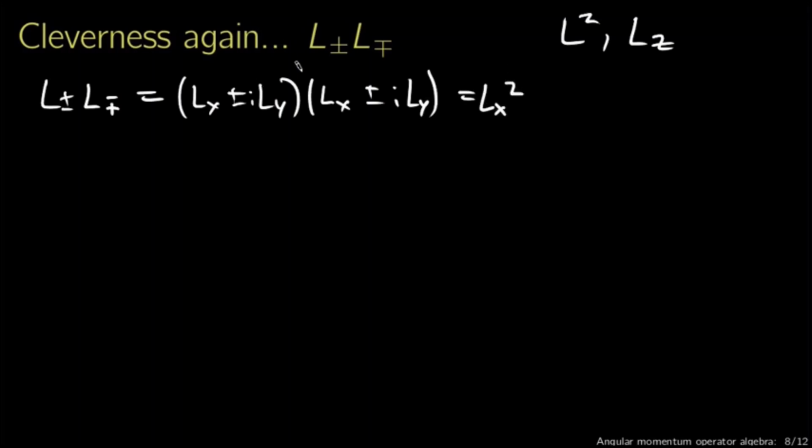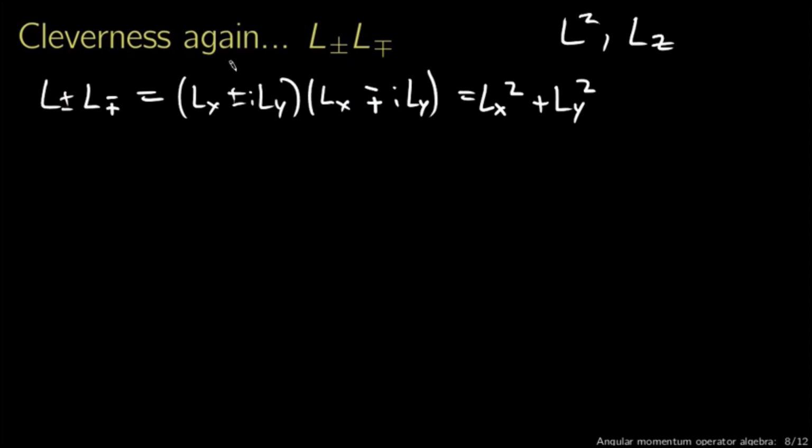If I expand this term out, I've got a plus and a minus, an i and an i. So I've got an i squared if I choose the top signs. So that's going to mean I have a plus sign, plus Ly squared. Or alternatively, if I choose the bottom signs, I still have a minus and a plus. So I'm still going to get plus Ly squared, whether I choose the top signs or the bottom signs.